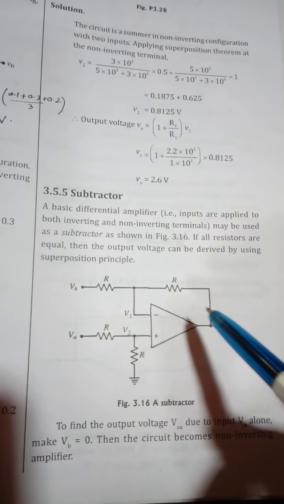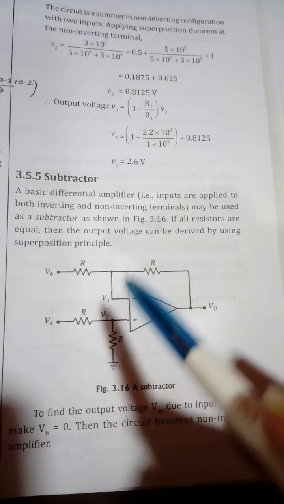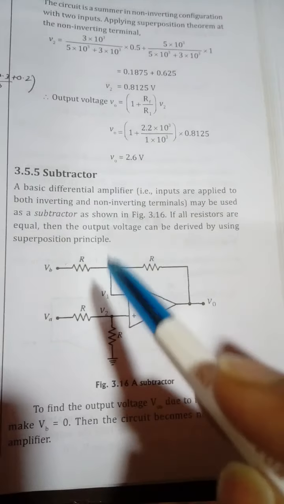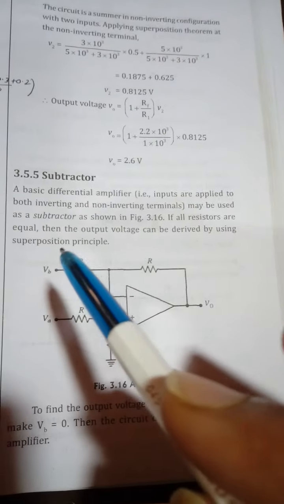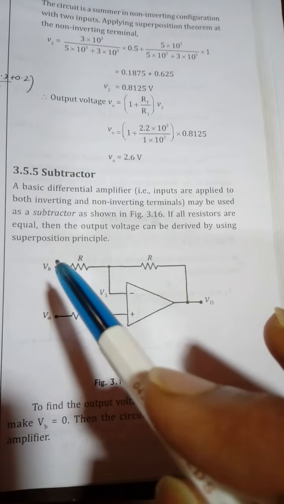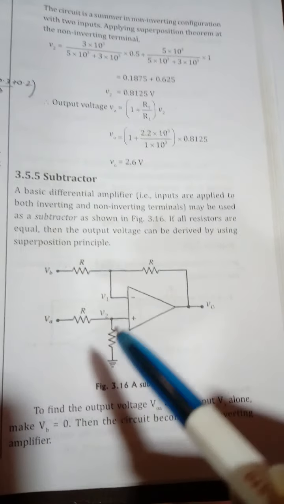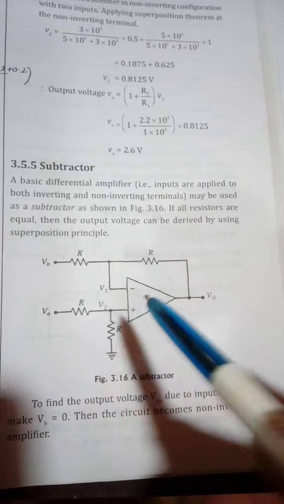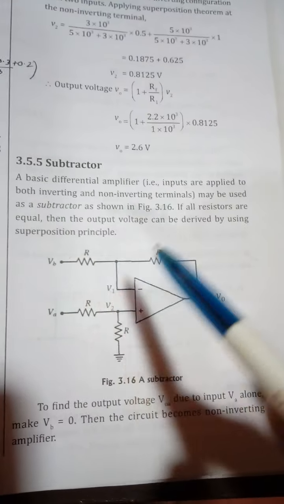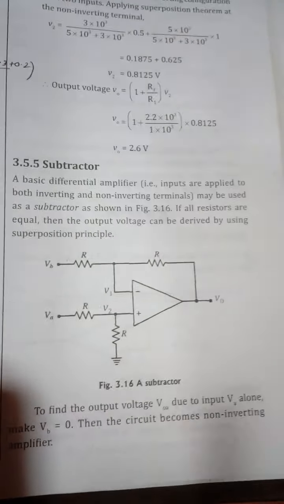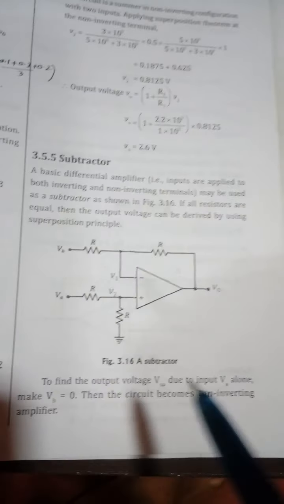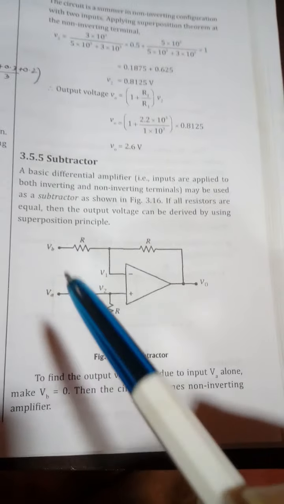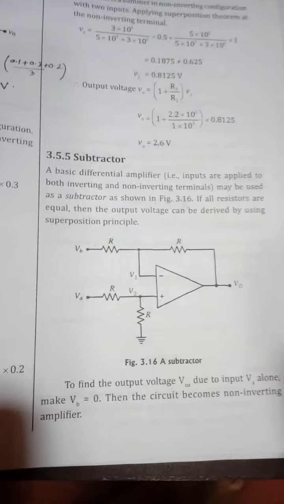In this circuit you can see that the inverting terminal is the same, along with the feedback resistor, and you are providing one voltage at one end, and for the non-inverting terminal you are also providing another voltage. You are considering all the resistances as equal. Two voltages you are providing, one called VA and the other called VB.